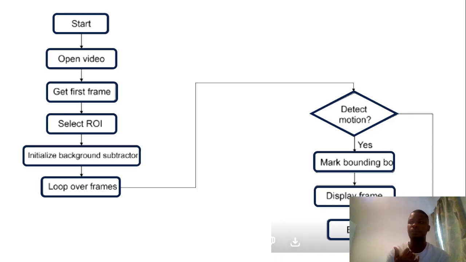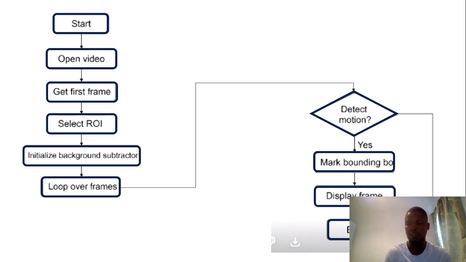Then we will loop over the different frames. Remember, videos are like different pictures that come consecutively, so we'll go through all the frames in the video. Whenever it detects a motion, it will mark a bounding box around that place and display it for us to see. Once we see the bounding box, it's going to catch our attention.